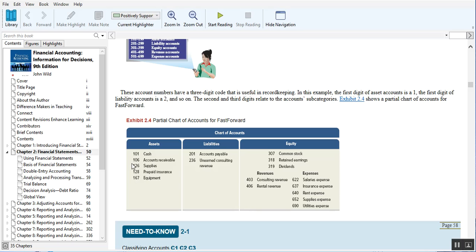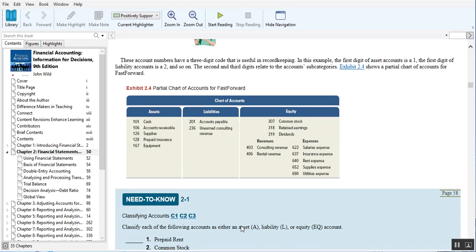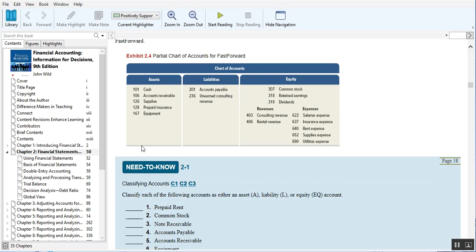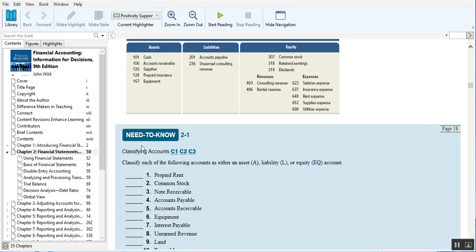So like 100 accounts are assets, 200 liabilities, 300 equity, 400 revenues, and 600 expenses. Any numbering scheme can be used, but many times in larger organizations, you'll have possibly 4 or 5 digit account numbers in order to track a larger number of accounts.